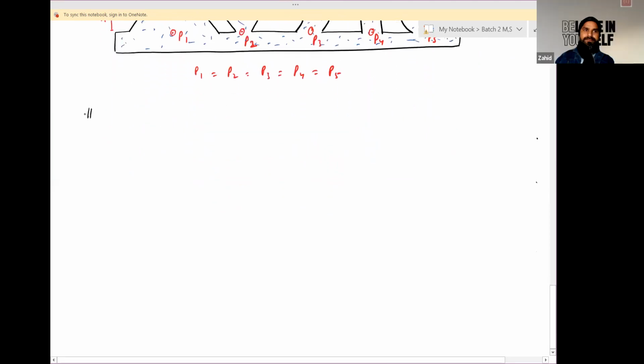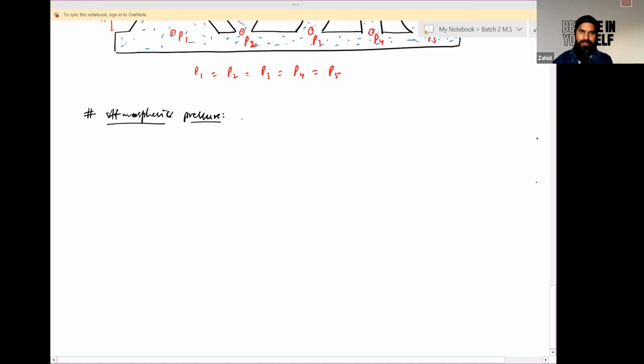Next is atmospheric pressure. You must have learned about this in your earlier classes. Atmospheric pressure is the pressure exerted by air or atmosphere on all objects living on the surface.